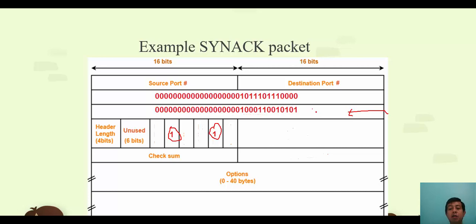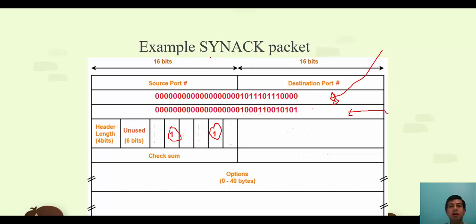Clear? Now it also generates its own sequence number. We have assumed that it generates the sequence number 6000. So this is the 32-bit binary representation of 6000. Now it inserts this number in the sequence number field. So this creates the SYN ACK packet.